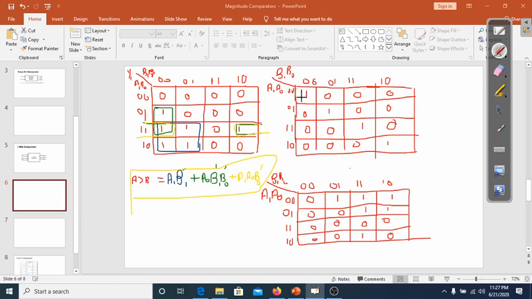So for this case, I can write y2 is equal to A1, A naught, B1 and B naught, all having prime, because here A1 is 0, A naught is 0, B1 is 0 and B naught is 0. So for this term I can write it as A1 prime A naught prime, B1 prime B naught prime.